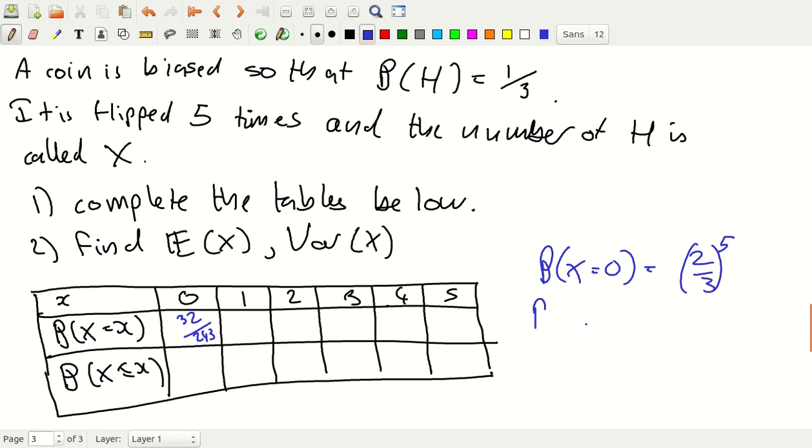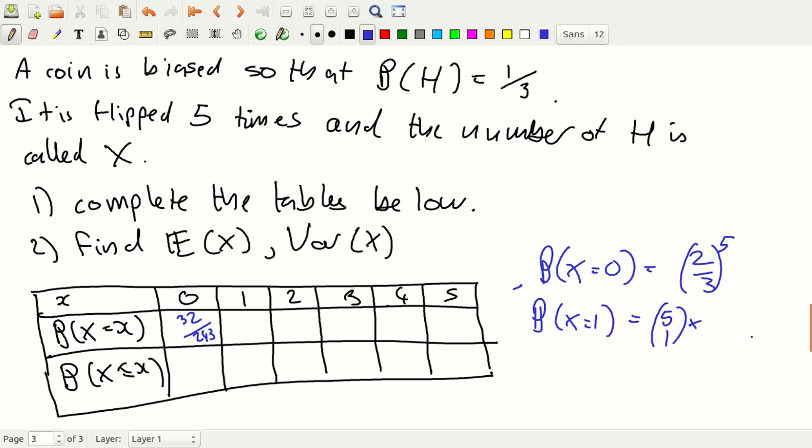Probability that x equals 1, well, there are a number of ways it could happen. The heads could result in the first, second, third, fourth or fifth flip. There are 5 orders it can happen in, and the way that we're thinking about that is there are 5 coin tosses, we must choose one of them to be heads. 5 choose 1, and now how likely is each of those 5 options?